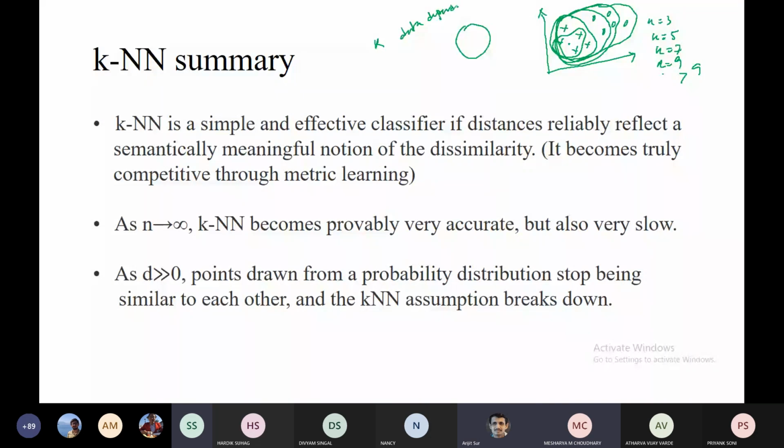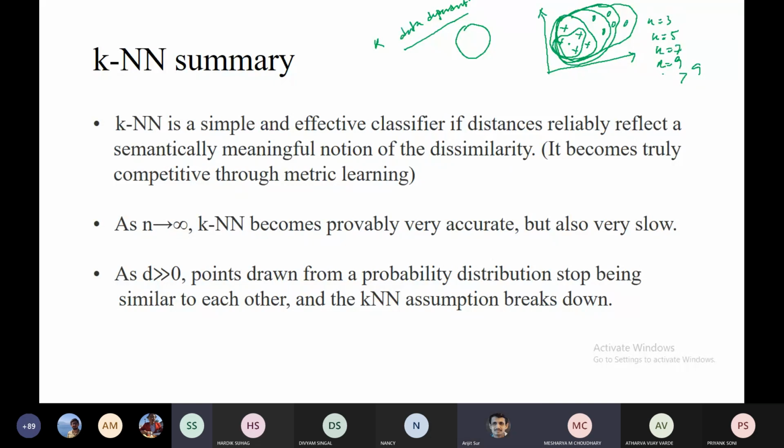For a particular data set, this k value varies. If it's very high dimensional, densely distributed data, then maybe a higher k is a bit better. But if it's sparsely distributed data, then k should be some low value.